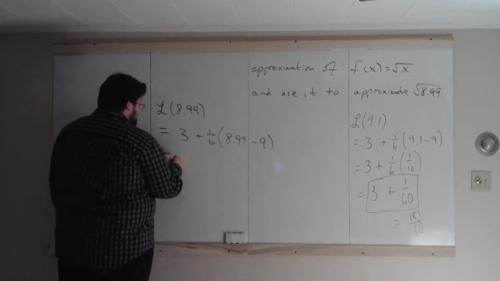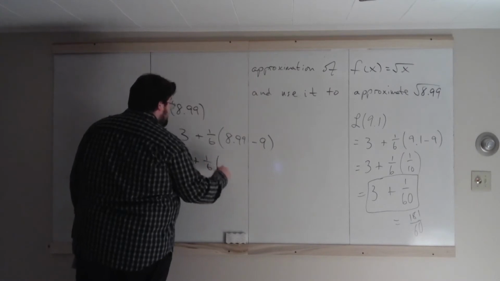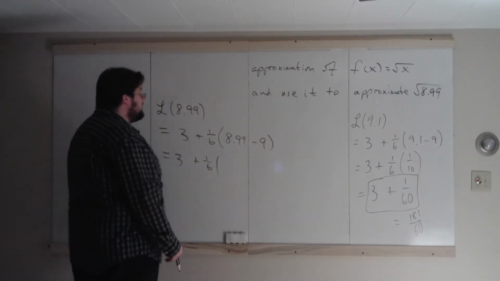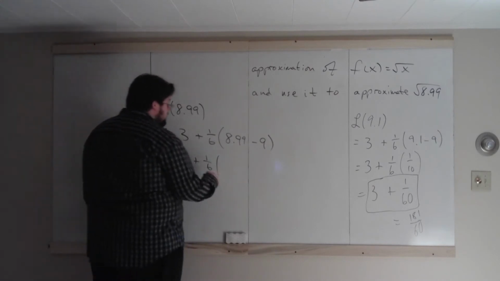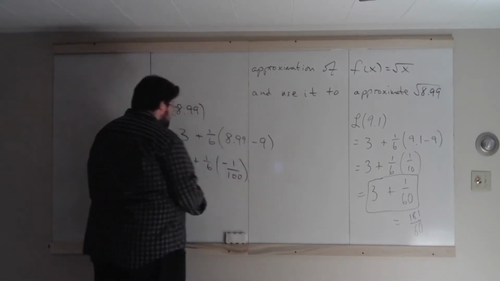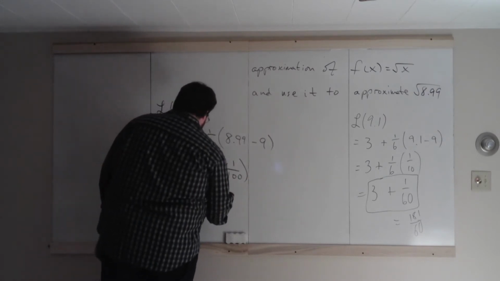And what do you get? You get 3 plus a sixth times, 8.99 minus 9 is negative 0.01, which is also known as negative 1/100th. And just simplifying that, you get 3 minus 1 over 600.